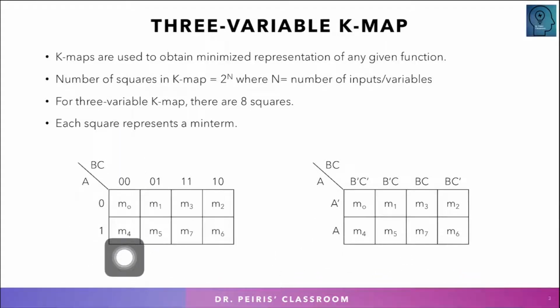Now this column represents 0, 0, so it has to be B prime, C prime. This is 0, 1, so it has to be B prime, C. Here both are 1, so it needs to be B, C. Here B is 1, C is 0, so B, C prime. So this is the basic 3-variable K-map, and this is what we use to simplify the functions which have 3 inputs.